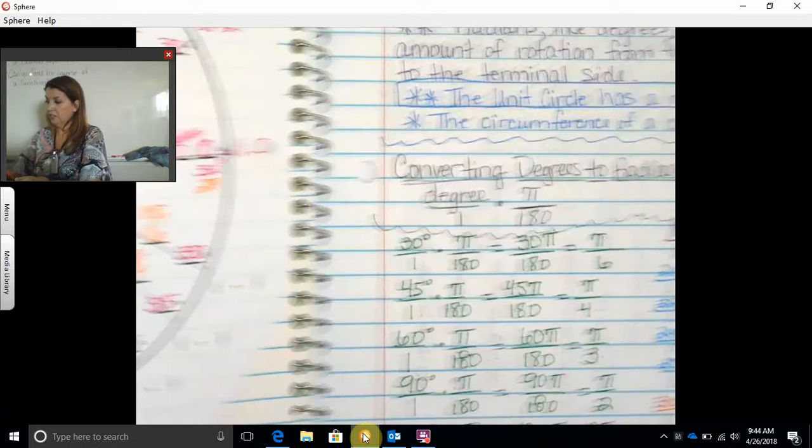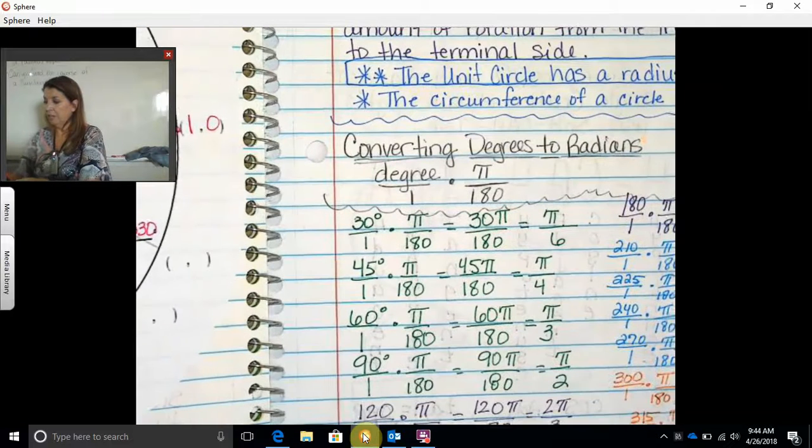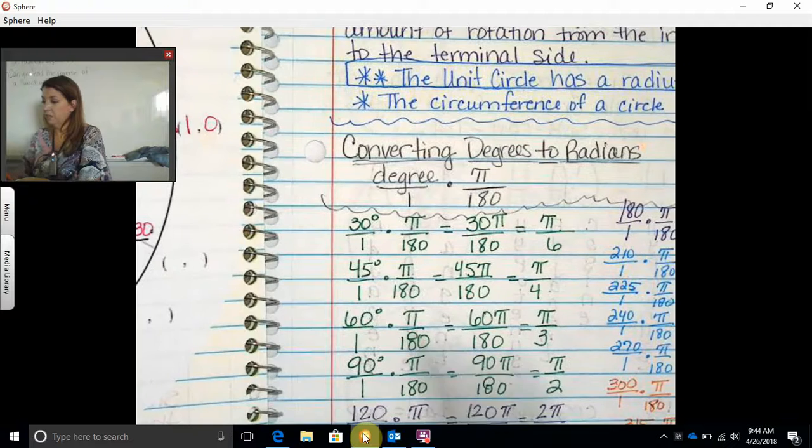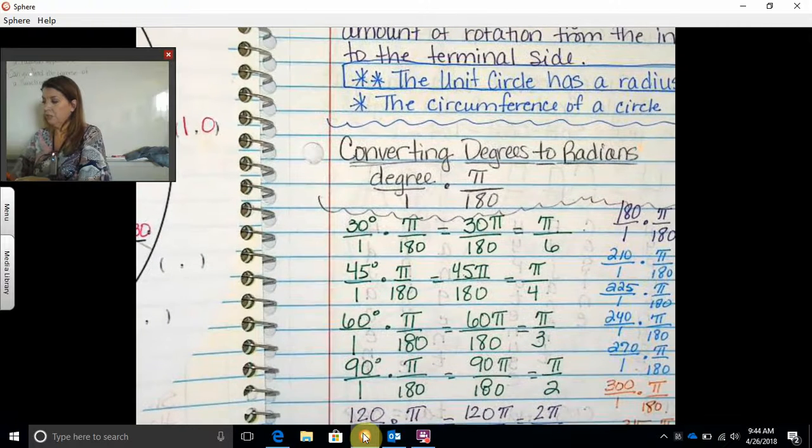And then the radians, degrees to radians, you got to do that too for every single one of them, just like we did here. So you got to go back and use that formula and reduce all the way. Okay, so now we're up to 225 degrees, and this is page 204.